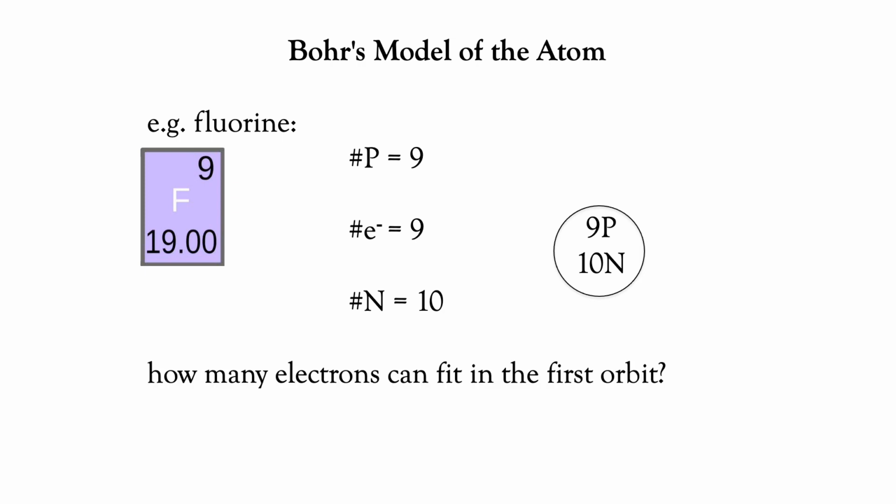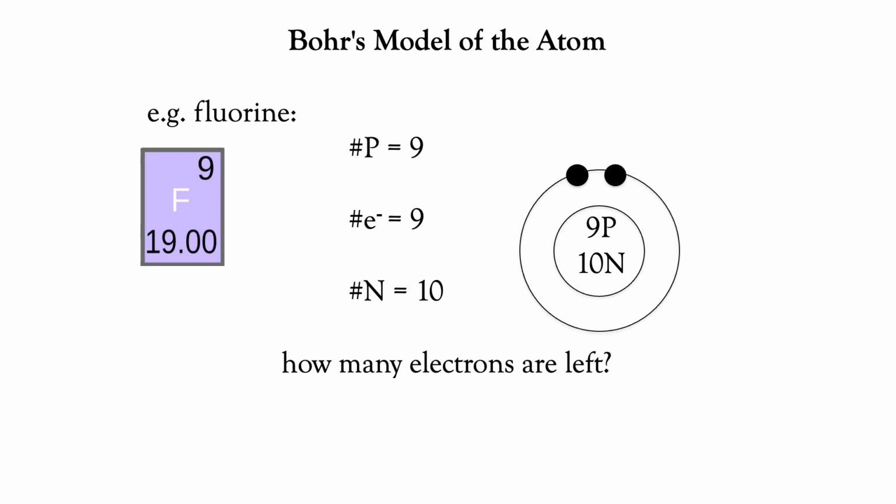Now, how many electrons can fit in the first orbit? As you can see, it's 2, because the maximum number of electrons that can fit in the first orbit is 2. So if you have 9 electrons, 9 minus 2, you will get 7. So how many electrons are left?